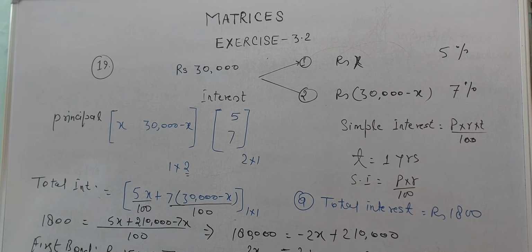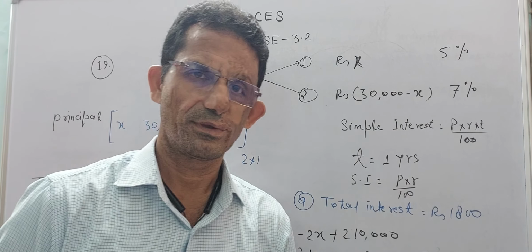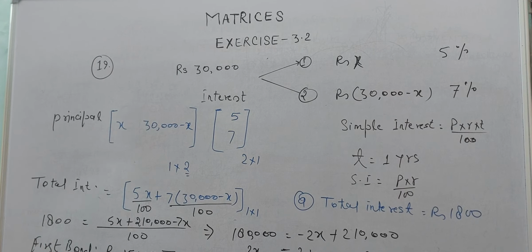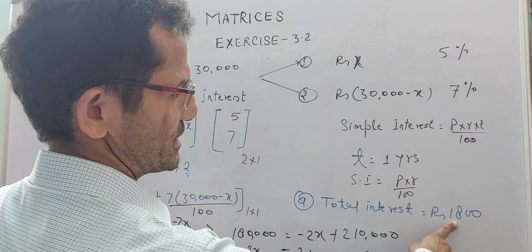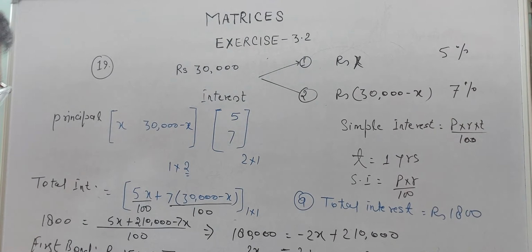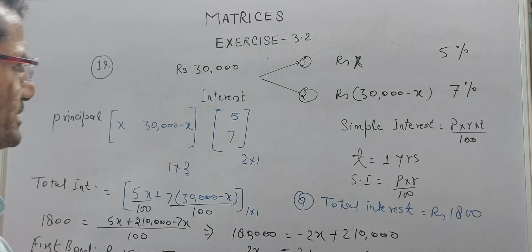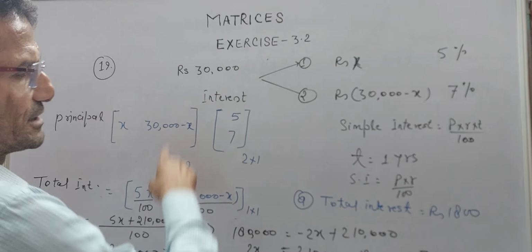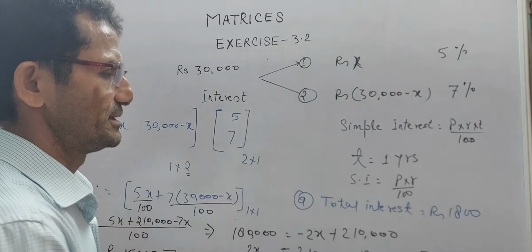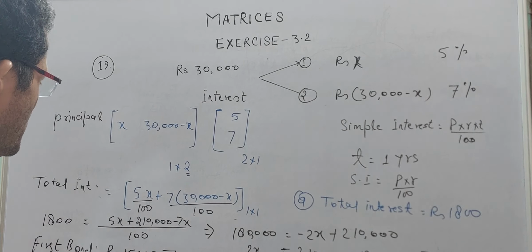So in this way we have calculated in a very simple way the matrix applications in finding the total interest. Similarly, there is a second part also in the same way. If I replace 1800 by 2000, we divide this 30,000 amount into the first and second bond in the same way.